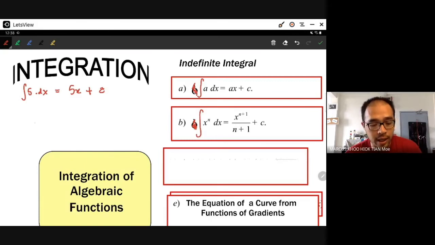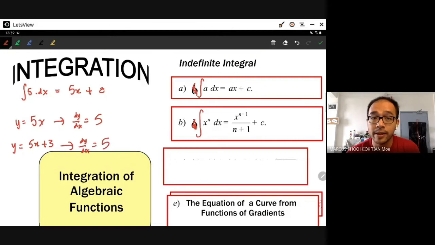Now let's say I give you the equation y equals 5x, and I ask you to differentiate it. You get dy/dx equals 5. But what if I give you the equation y equals 5x plus 3, and I ask you to differentiate it? If you differentiate it, you will also get 5, right?